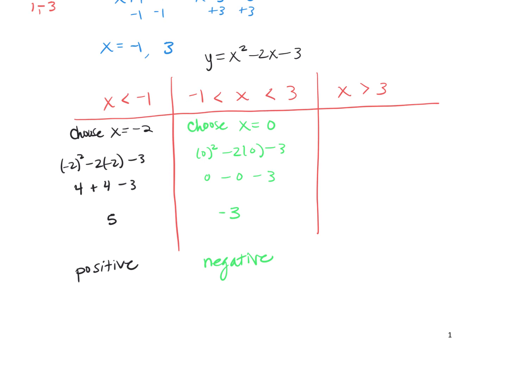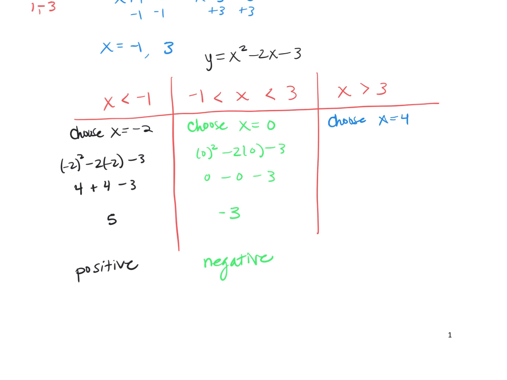All right, last one, when x is greater than 3. Let's choose an x value to plug in to see if it's going to give us a positive or negative answer. So let's maybe choose x equal to 4. It can be any number greater than 3. I'm just trying to work with smaller values.